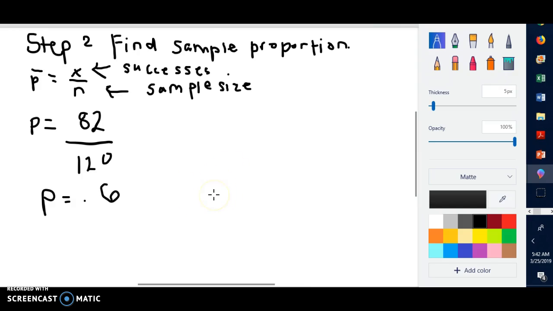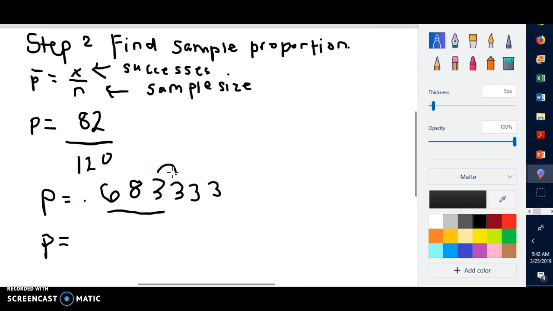You're going to get 0.68333, and it continues on and on. In this particular step, they want you to round to 3 decimal places. If you look at the 3rd decimal place, it's 3, and the number behind it is also a 3.